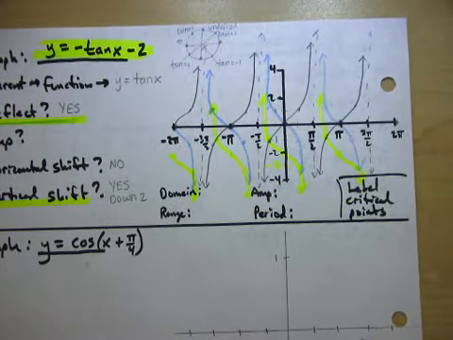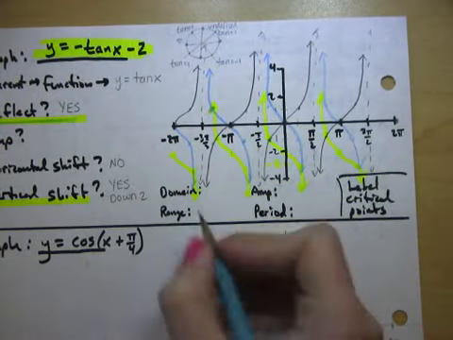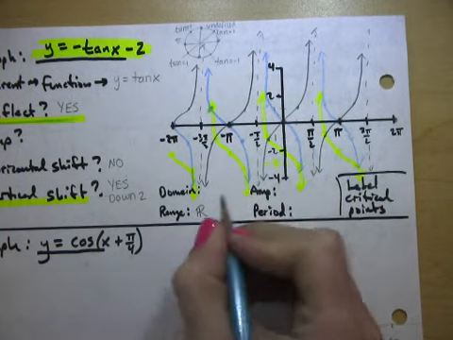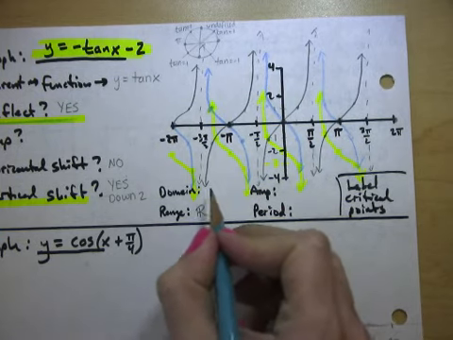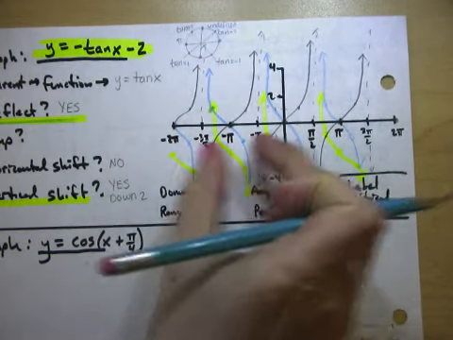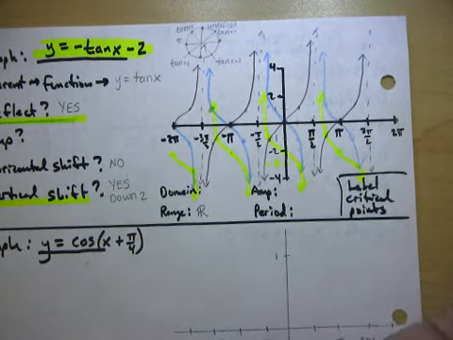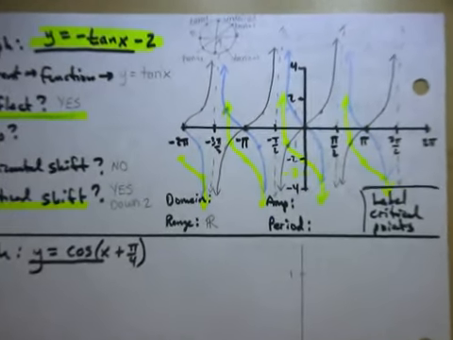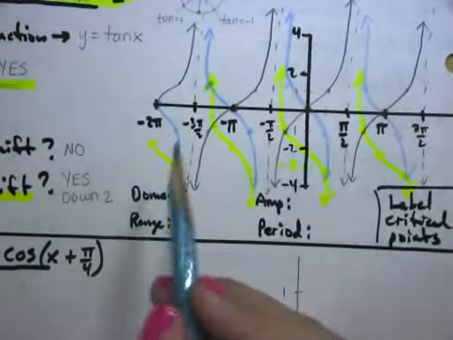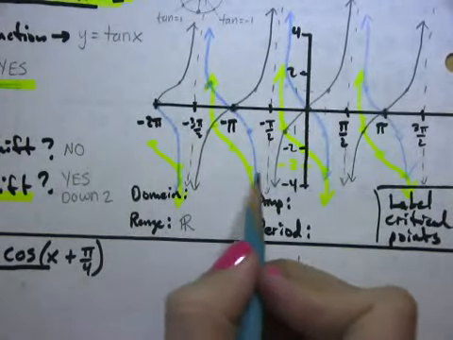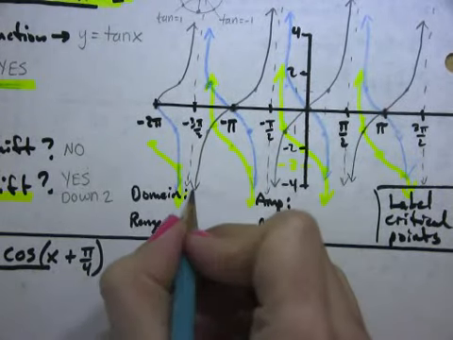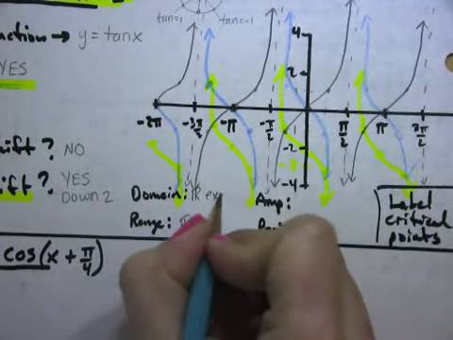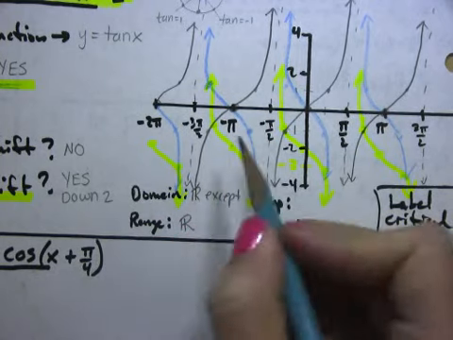Oh, real quick before we go on, our range is all real numbers. Our domain actually took a little bit longer conversation. We saw that our domain was in these pieces. A couple ways to describe it, but probably the best way we looked at it was that our domain is all real numbers except for these asymptotes. So we said all real numbers except, and then we had to look at where our asymptotes are.